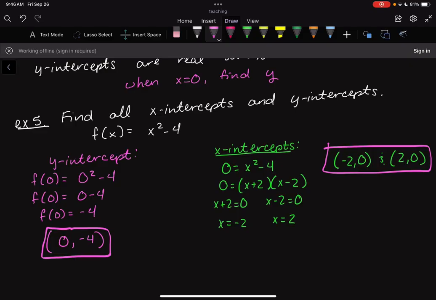They're not necessarily guaranteed to have x-intercepts, because sometimes when you let your y equal 0, you'll get imaginary answers, so you'll get the complex solutions, and those result in you can't graph them, so there's no x-intercepts there. And I think I mentioned that a little bit whenever we did the quadratics unit.